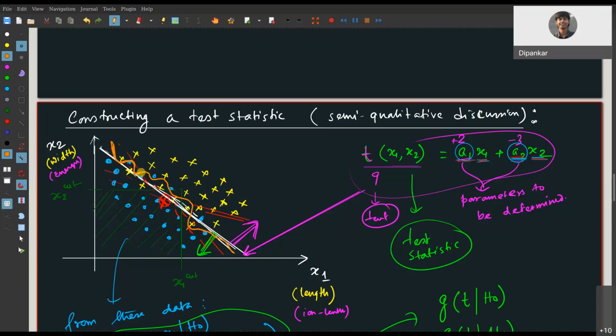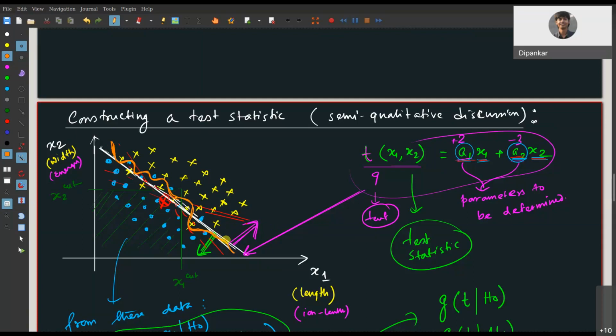This is definitely a non-linear function of x1 and x2. And if we could construct this kind of wiggly line, of course, this wiggly line will be more efficient than my simple linear one. If I can construct this, then it would be a more efficient test statistic than a linear one. It's given. But to construct such a test statistic is again a non-trivial job.